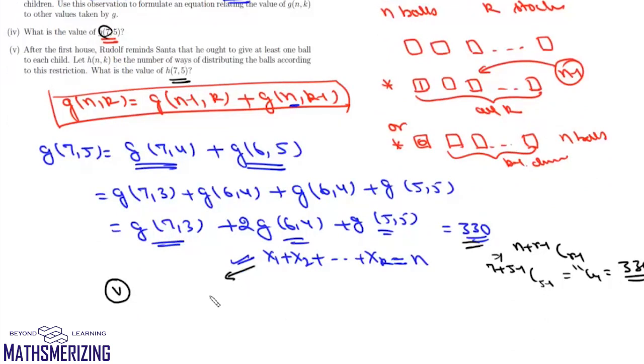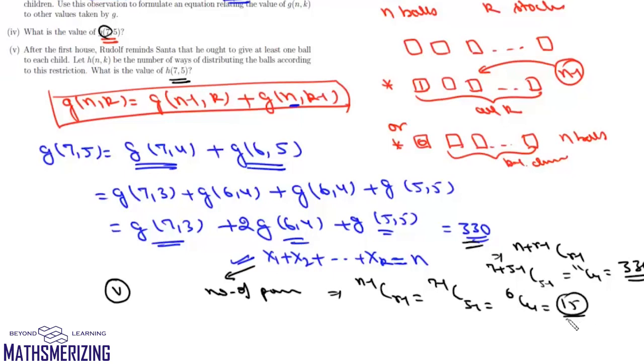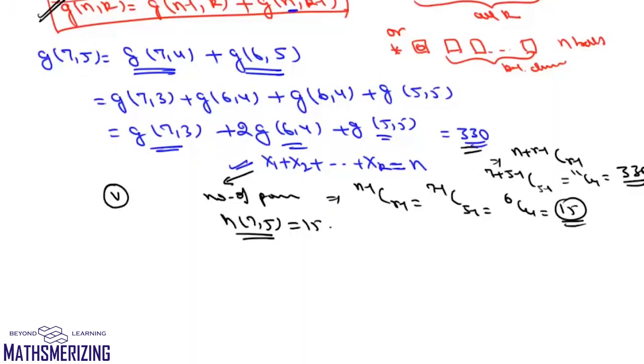Then this case corresponds to number of positive integral solutions, given by (n - 1) C (r - 1). So in this case it will be 6C4, and 6C4 is nothing but 15. So value of H(7,5) will be 15.